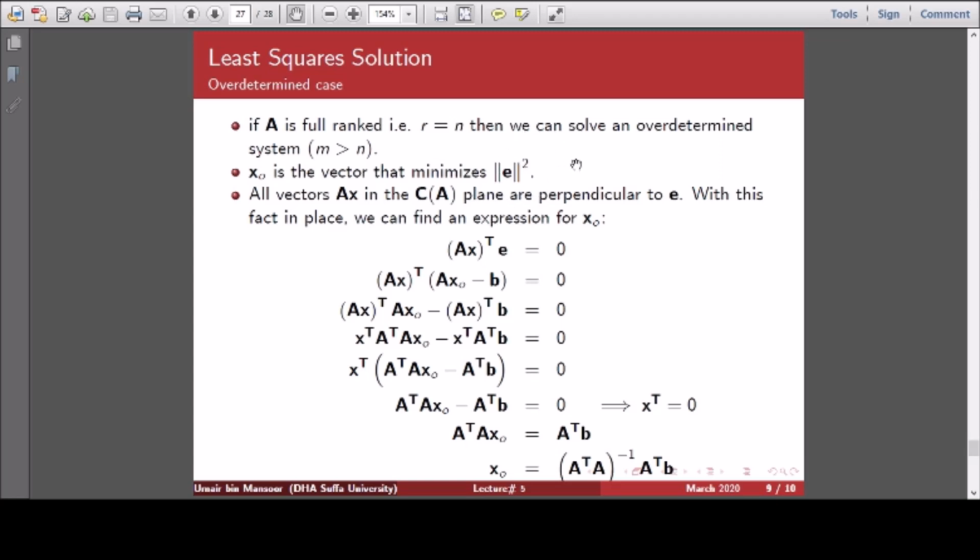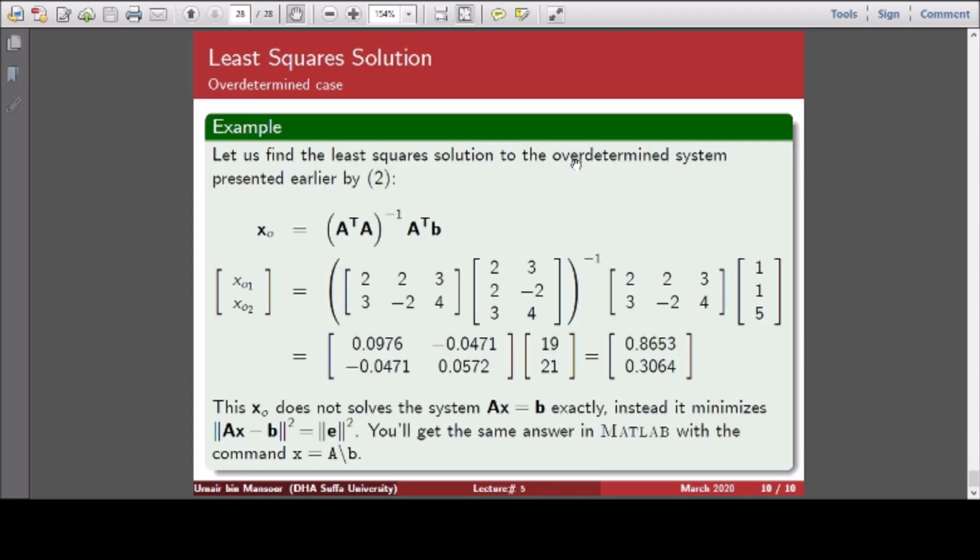Okay, so let's look at an example. So this example actually solves the system that was represented in equation number 2 earlier. So let's just place the values of the matrices and the vector B. So A transpose is nothing but the transpose of matrix A, which is the columns becoming the rows.